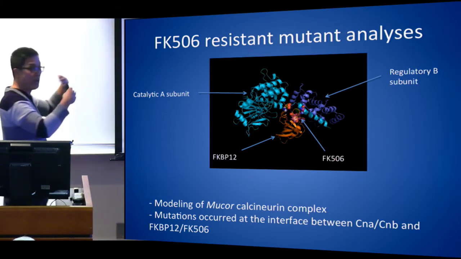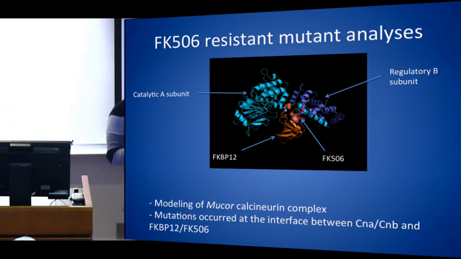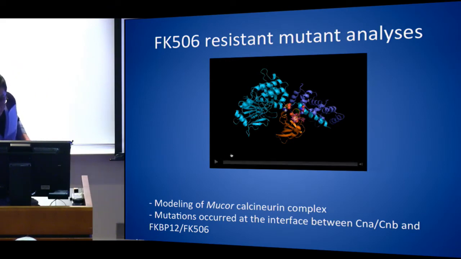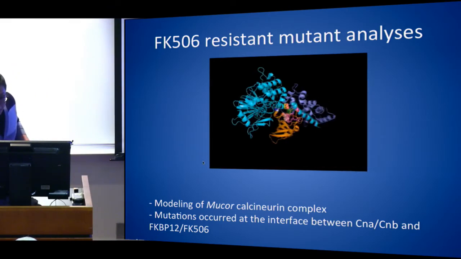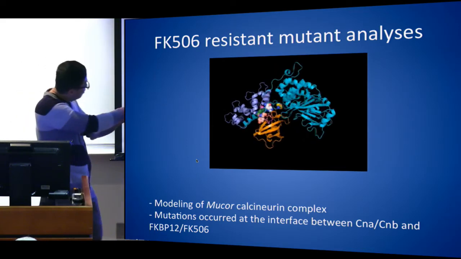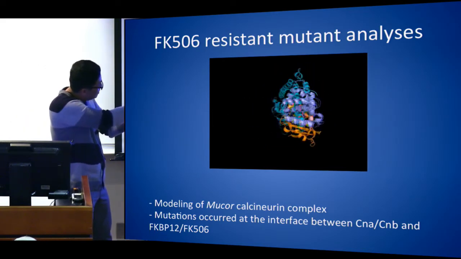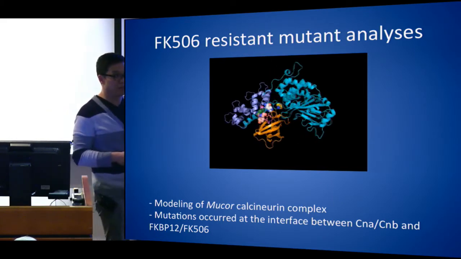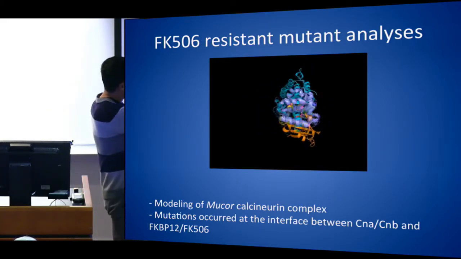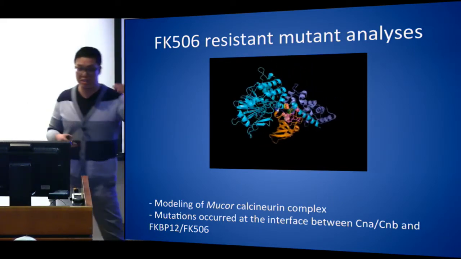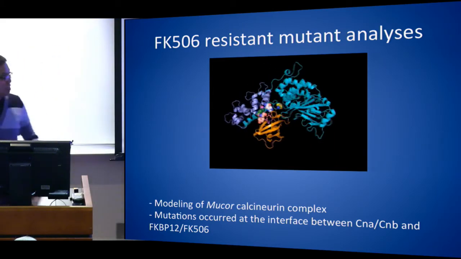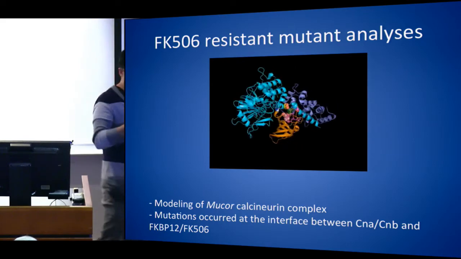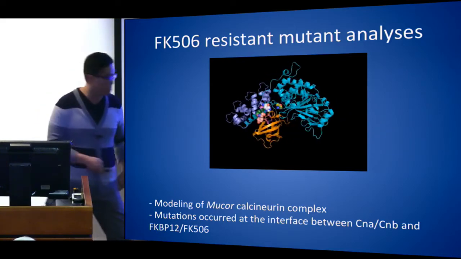This is the way calcineurin activity is blocked. Those bubbles indicate the mutation areas where we have amino acid substitutions. All mutations reside in the interface area between calcineurin and the drug complex. So presumably the mutations play a role in the interaction between the drug and calcineurin.